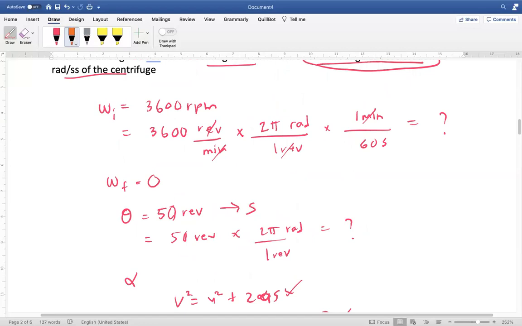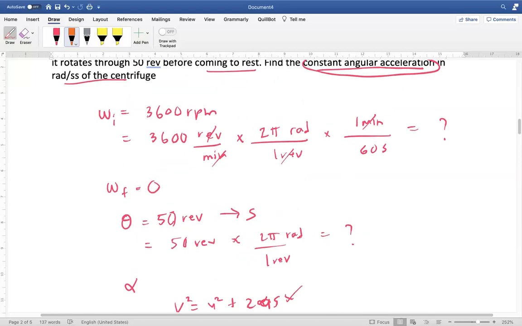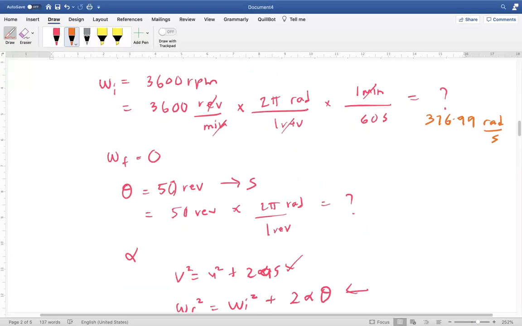Times 2 pi divided by 60. 376.99. So this is radians per second. And this dude over here is 50 times 2 pi. 314.16 radians only, because that's displacement.